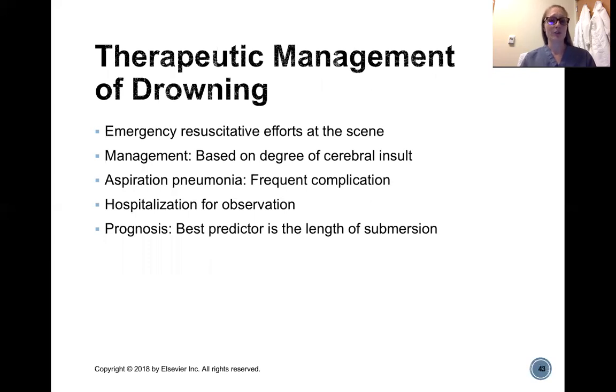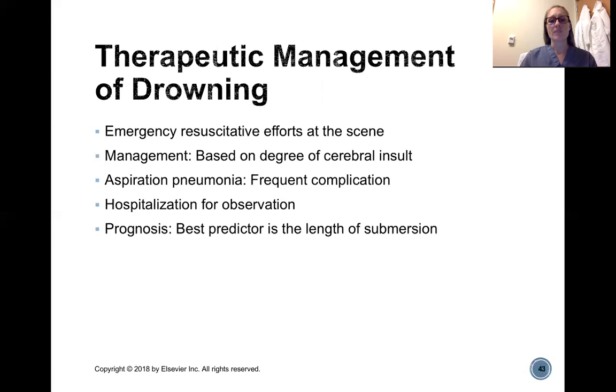We're going to start emergency resuscitative efforts as soon as possible, and then we're going to treat based on the degree of the insult. We might see an aspiration pneumonia, which usually comes up between 48 and 72 hours after. And any child who requires any sort of resuscitation, we're going to hospitalize for observation.